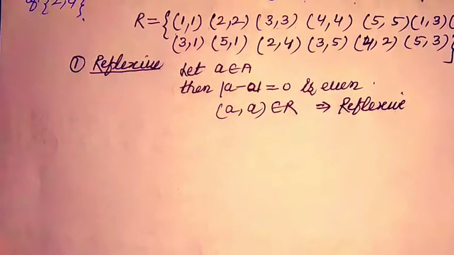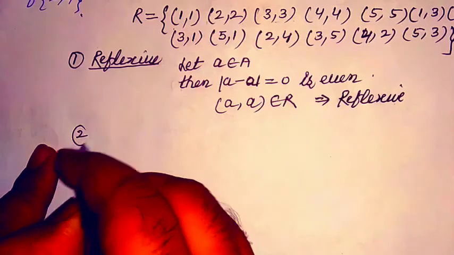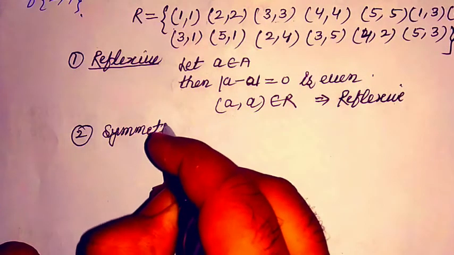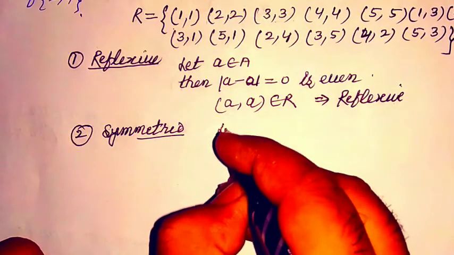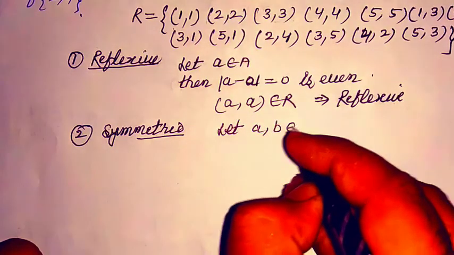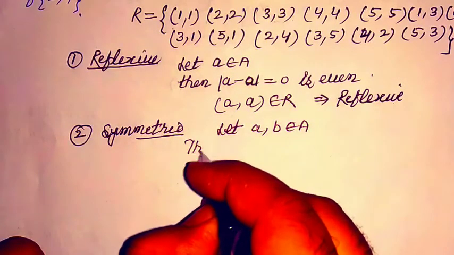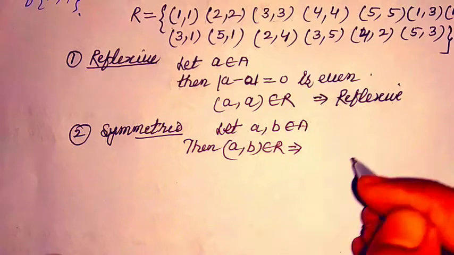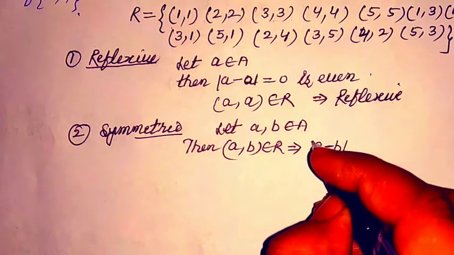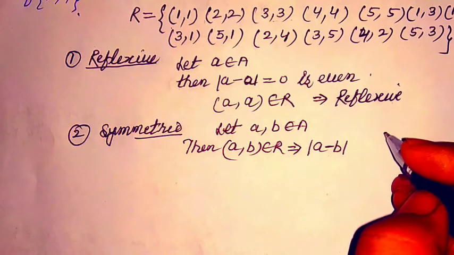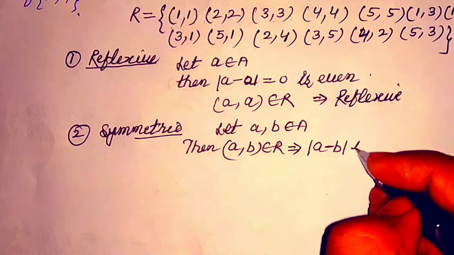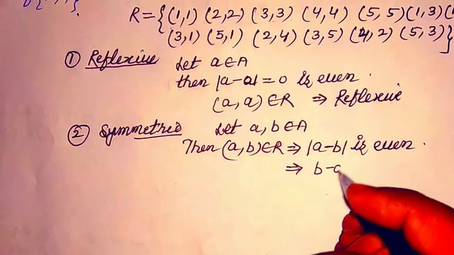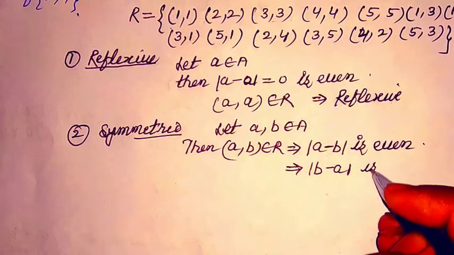Next one we can see, symmetric. For symmetric, let (a, b) belong to set A. Then (a, b) belongs to R implies a minus b is even, given here, isn't it? So we can say b minus a is also even.